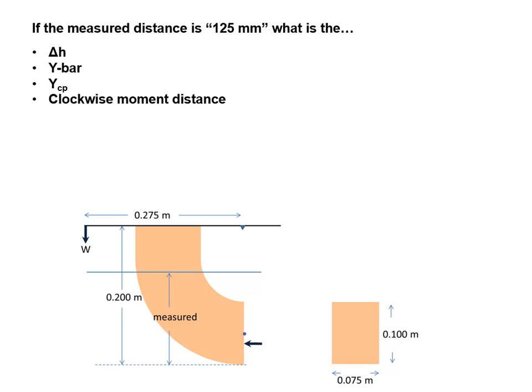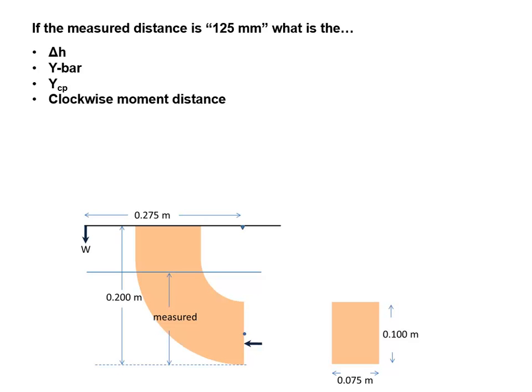Now YCP, we're going to have to take into account what is the area moment of inertia. And in this case, the width of the object, A, is 0.075 meters. The height of it, B, is 0.10 meters. Those are givens for that front face of the object. And so the area moment of inertia about the x-axis is A B cubed divided by 12.